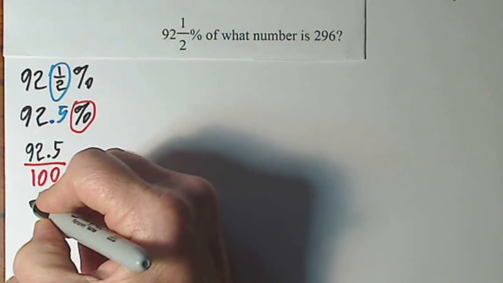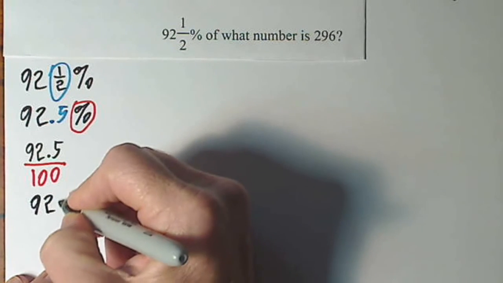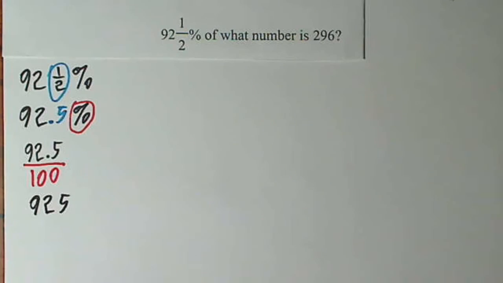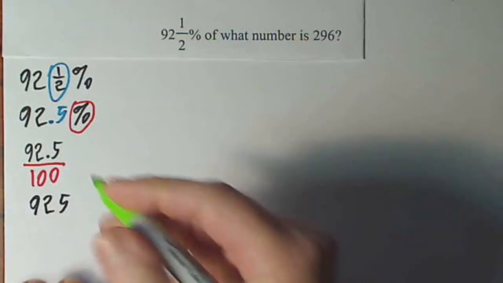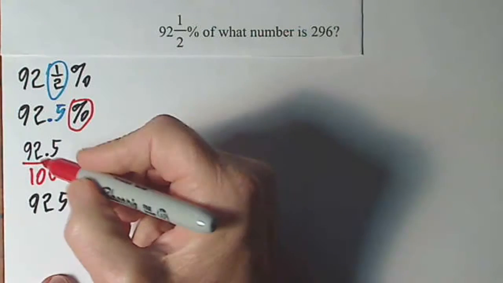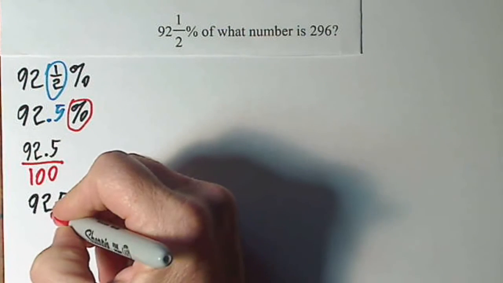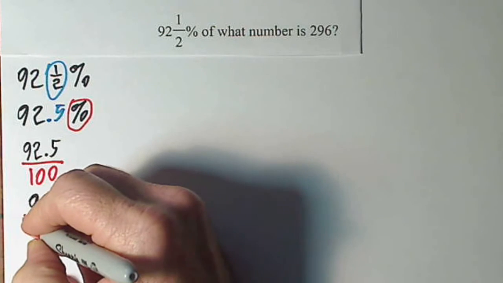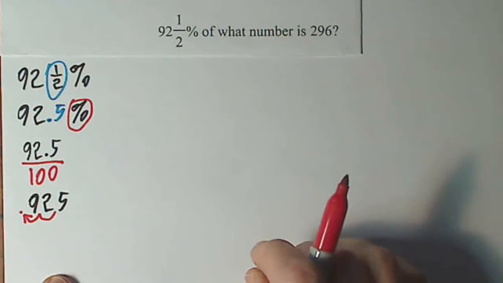So we have 92, and it was 0.5 or 5/10. But because we're dividing, I think I'll do that in red. Because we're dividing by 100, the decimal is going to shift 2 places to the left.